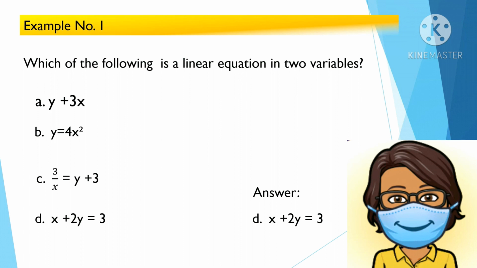So 2 exponent is not allowed, remember? So again, it's not a linear equation in two variables. Letter C is also not a linear equation in two variables because of the presence of the denominator variable. So, it's only letter D which satisfies the mentioned conditions. Therefore, that will be our answer.